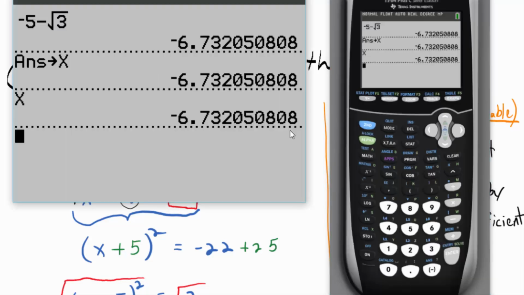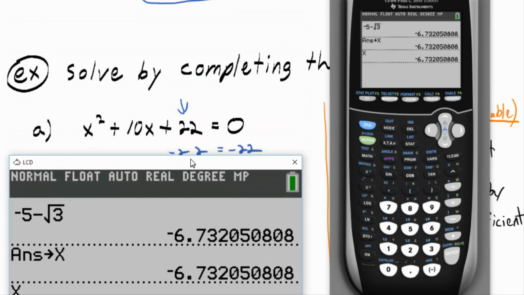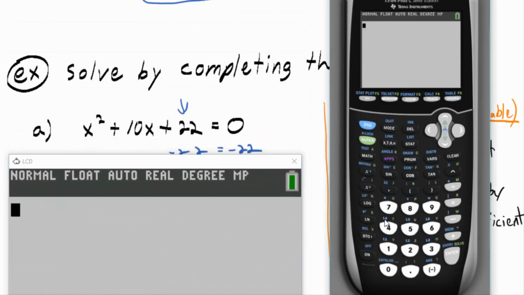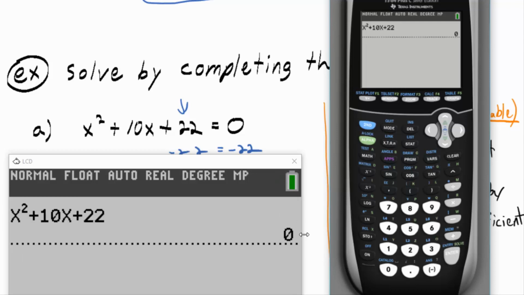So let's do that, and that's a way to check your answer, by the way. So now I'm going to type in x. Okay, hit the x squared button, plus 10x plus 22. And if I'm right, I'll get something really close to 0 or actually 0.